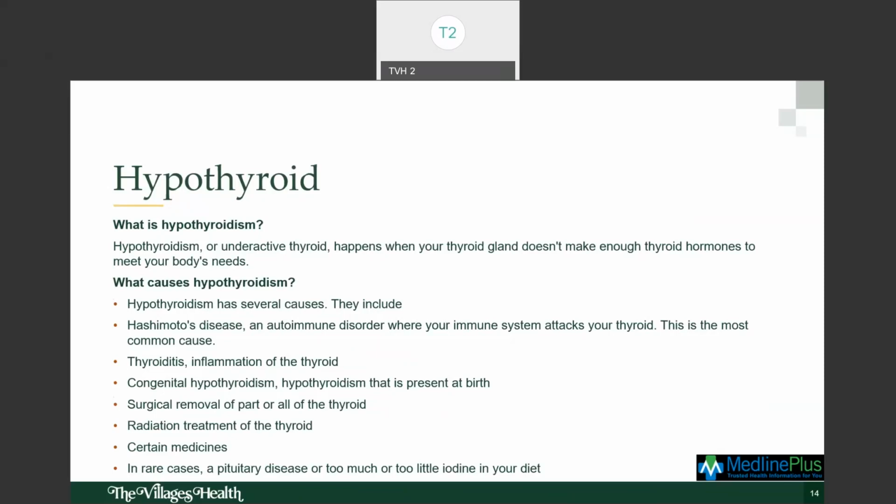Radiation treatments of the thyroid could cause an underactive thyroid as well, as can certain medications, and in rare cases, a pituitary disease or too much or too little iodine in your diet. So like we said, the most common cause is Hashimoto's, that autoimmune disorder, but it could even be from some of the other things listed on here.